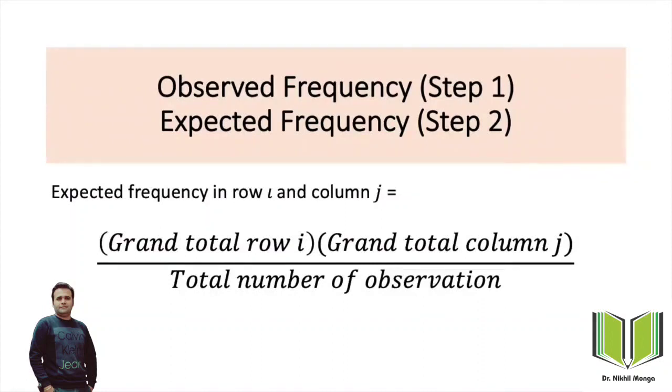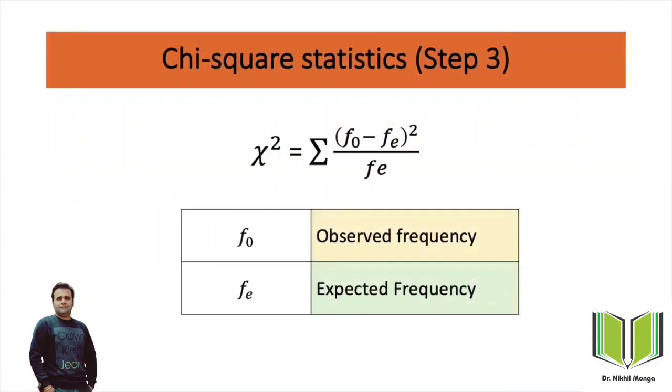This is your observation. Once you have your observed frequency, you need to calculate your expected frequency. This is the formula for calculating the expected frequency: grand total of row times grand total of column divided by the total number of observations. I will show you with the help of an example.